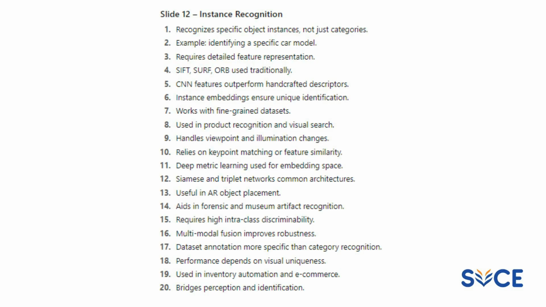Basically, instance recognition is different from object detection or other recognition, because when other systems detect something, they only give the general view about it. But when it comes to instance recognition, it gives you a deeper perception of each object that is detected. So we'll move to the next topic.